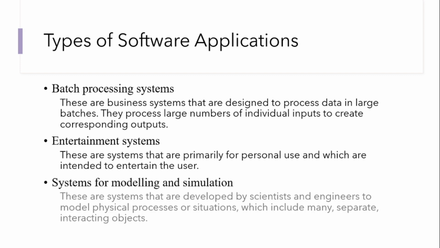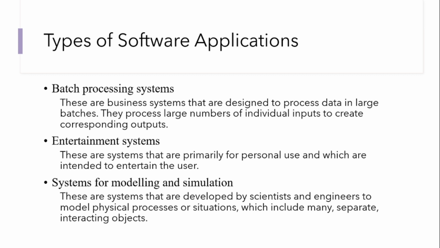The next one is a system for modeling and simulation. These are systems that are developed by scientists and engineers to model physical processes or situations, which include many separate interacting objects. So these systems are designed to simulate real-world objects.